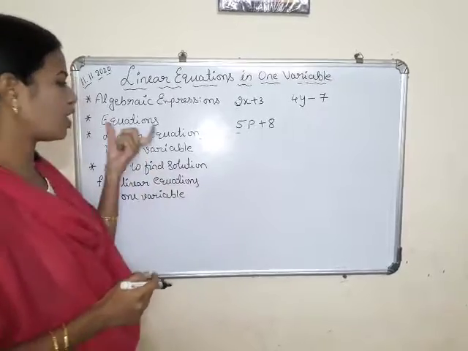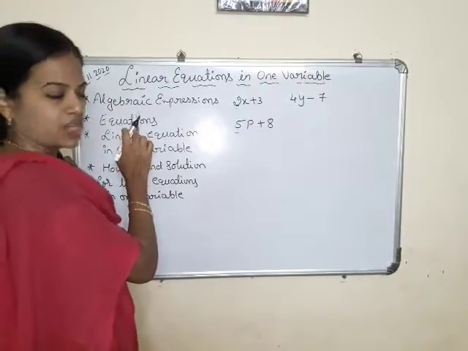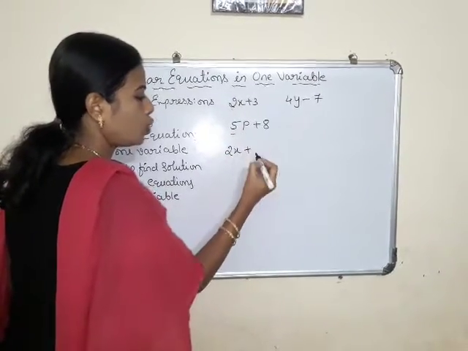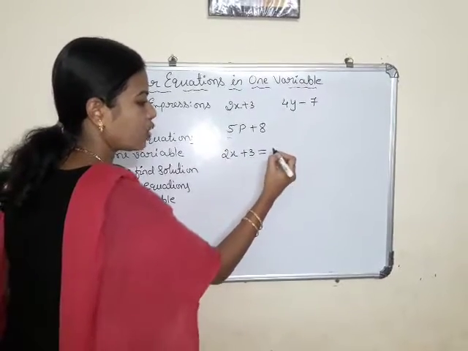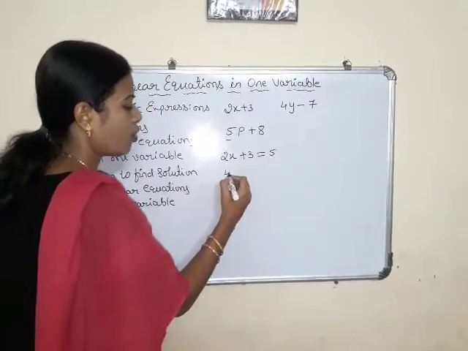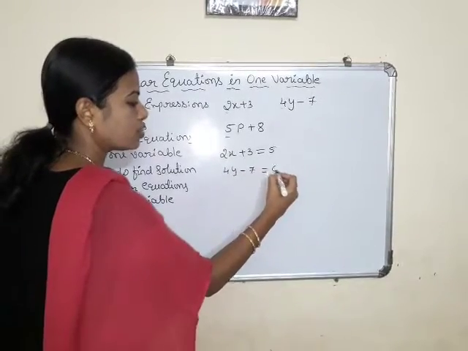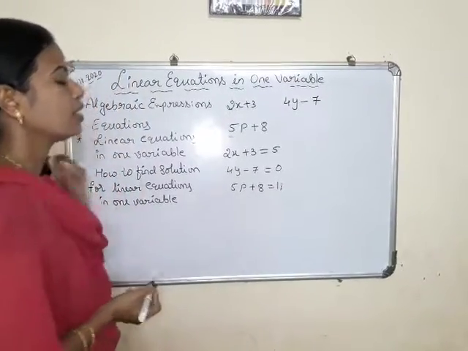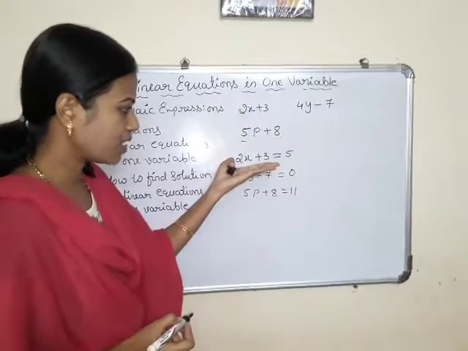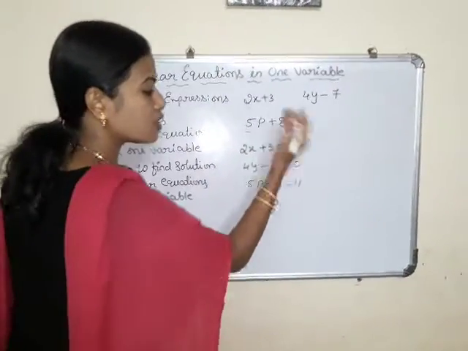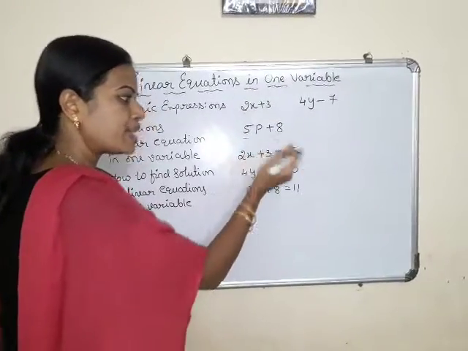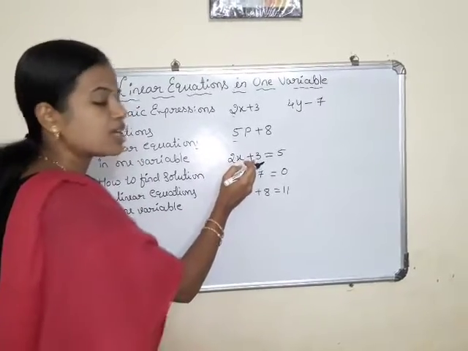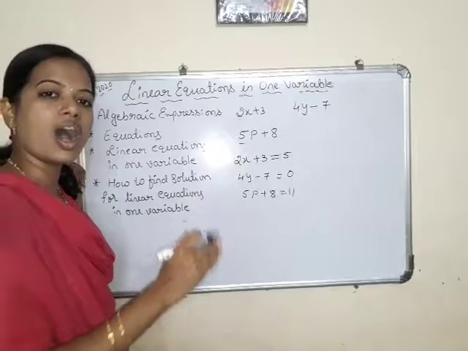Now let us go to equations. To understand the equation, I am going to take the same algebraic expressions. 2x plus 3 equals 5, any number. 4y minus 7 equals 0. 5p plus 8 equals 11. When an algebraic expression is set equal to some number or to other variables connected with numbers, these are called equations. An equation is a statement of equality which involves one or more variables.